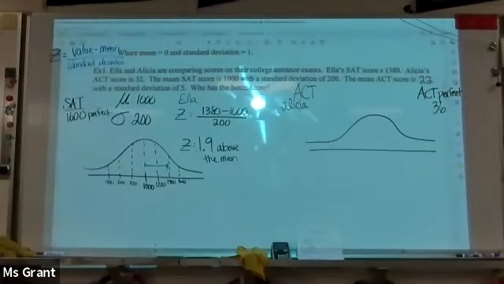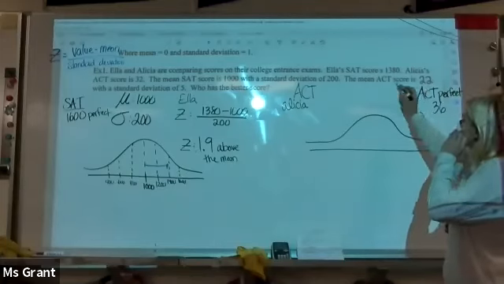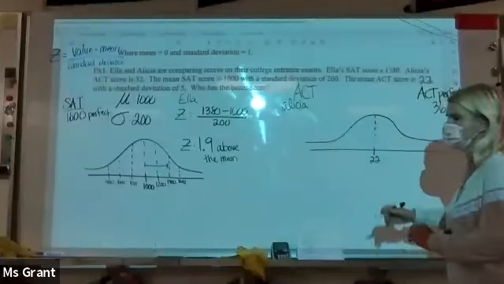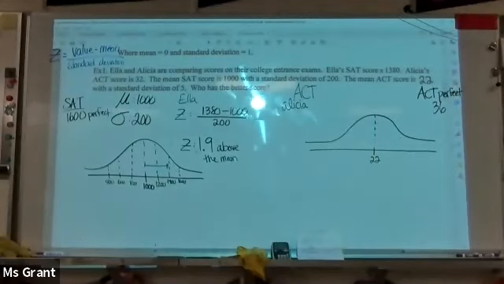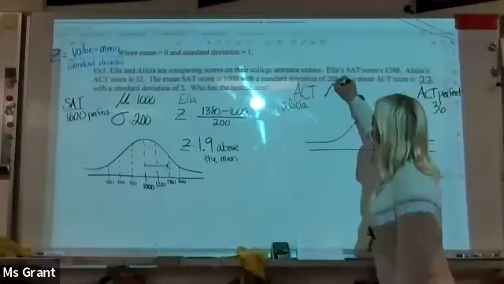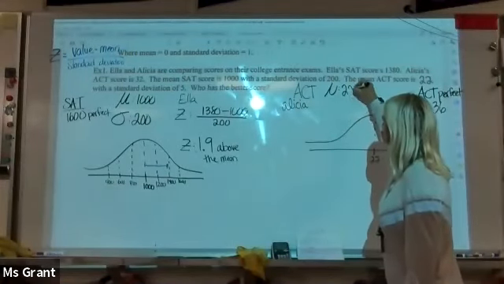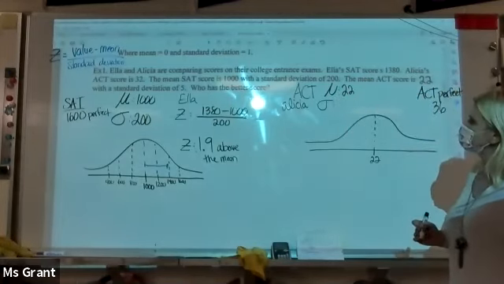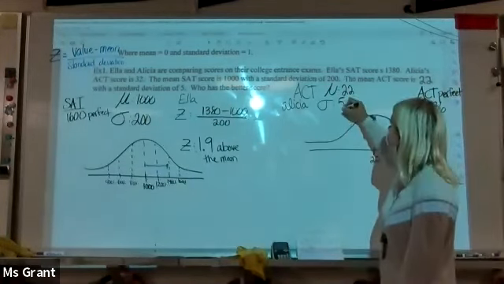My average ACT score, the mean, is 22. 22 goes in the middle. My standard deviation of the ACT is 5.